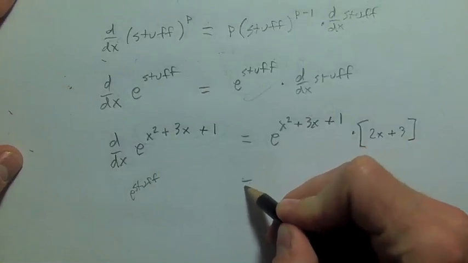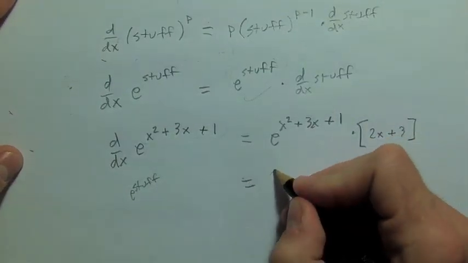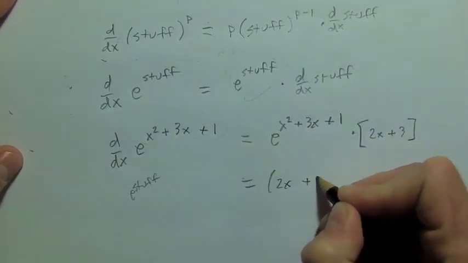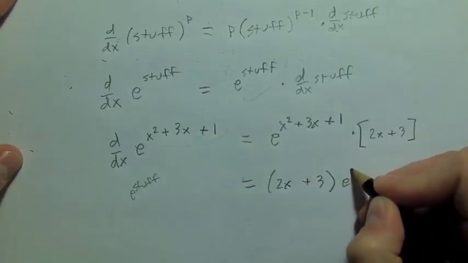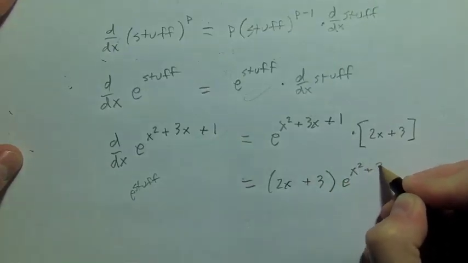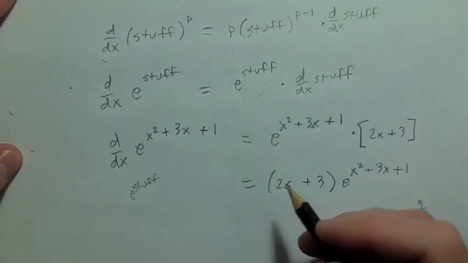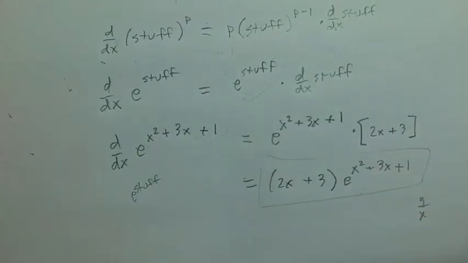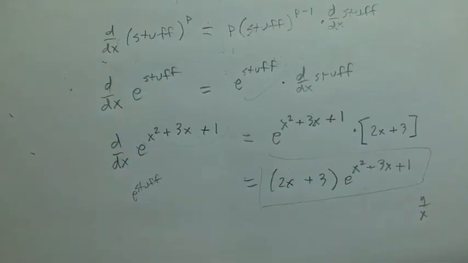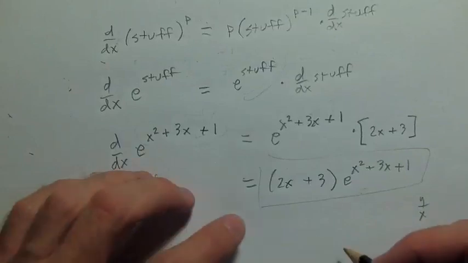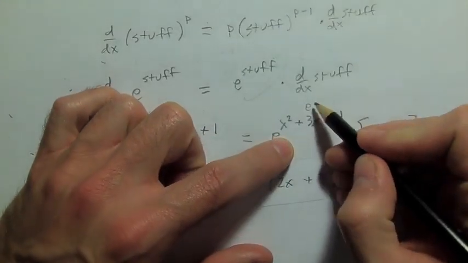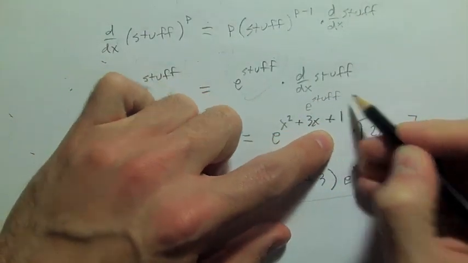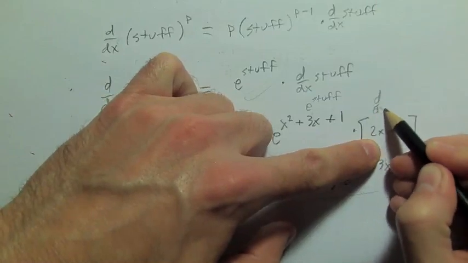Okay, so what we usually do is actually write the derivative of the stuff on the outside, but it really doesn't matter. But typically with e's and sines and stuff, this looks better. So here's my e to the stuff piece, and here's my derivative of the stuff.